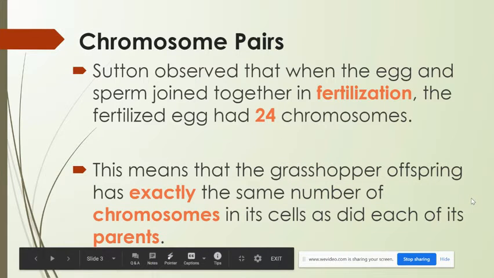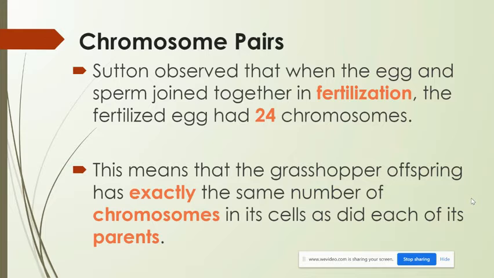So Sutton observed that when the egg and the sperm joined together in fertilization, the fertilized egg had 24 chromosomes, just like the body cells, just the same amount. So this means that the grasshopper offspring has exactly the same number of chromosomes in its cells as did each of the parents.